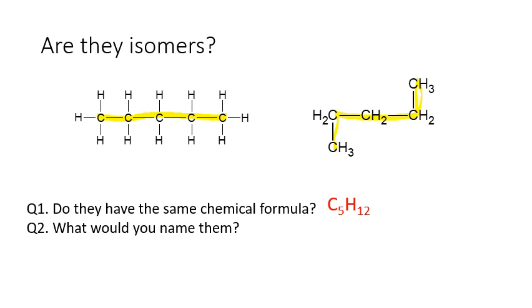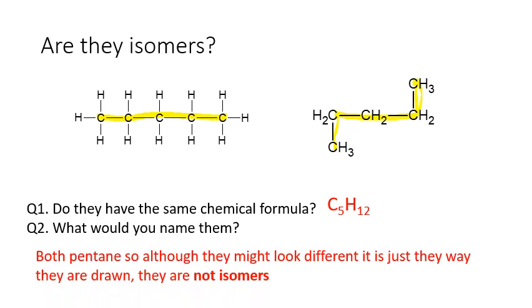So in actual fact, this and this molecule would have the same name. They both would be called pentane. So as they're both pentane, although they look different on the screen, that's just the way they're drawn. They are not isomers.